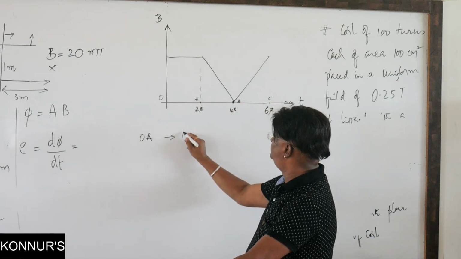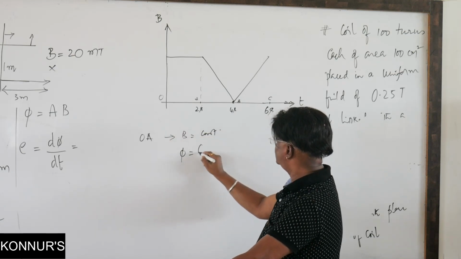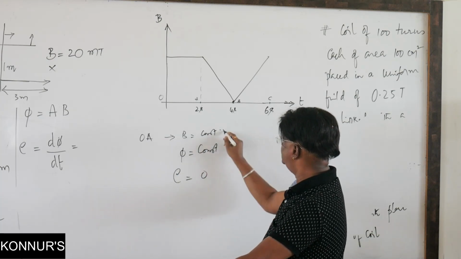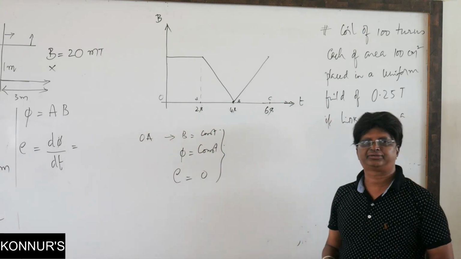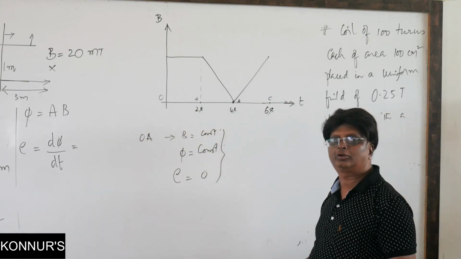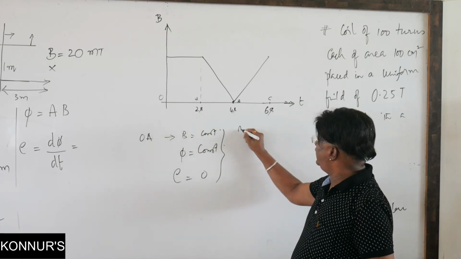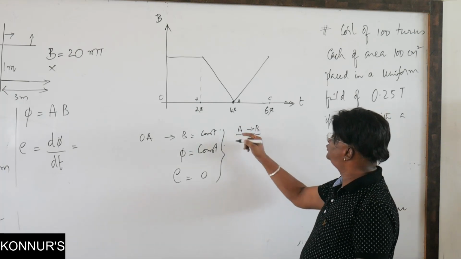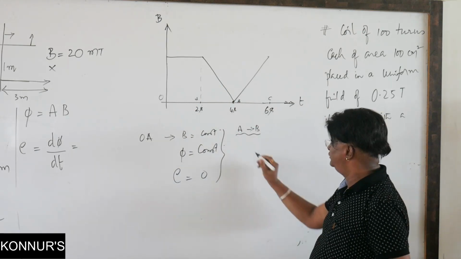O to A, B is constant. B constant means flux constant. Flux constant means induced EMF is 0. That is from 0 to 2 seconds, no change of flux, no EMF induced in the coil. Now you see the next part. A to B, what happens? A to B, you can see the magnetic induction is decreasing with time.